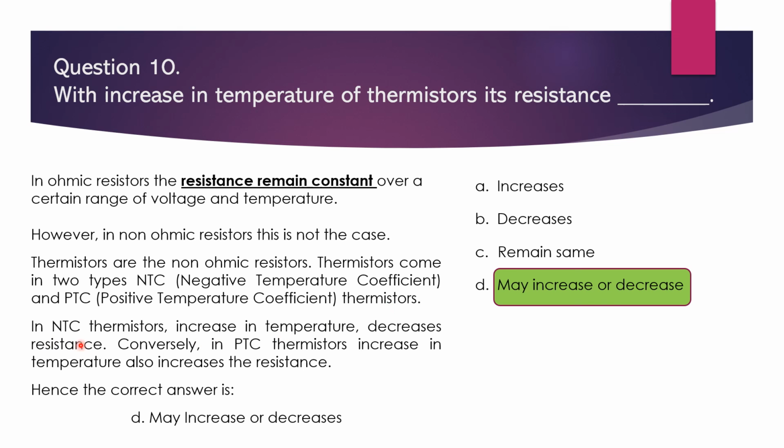In NTC thermistors, increase in temperature decreases resistance. Conversely, in PTC thermistors, increase in temperature also increases the resistance. Hence, the correct answer here is it may increase or decrease.